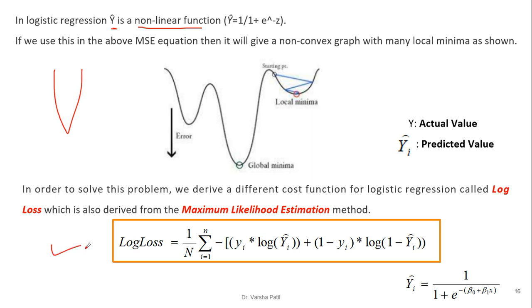That function, with total number of records n, is 1 by n, summation i equal to 1 to n, of minus yi into log of y hat, where yi is actual and y hat is predicted, plus 1 minus yi into log of 1 minus y hat. This function is used as the loss function for the gradient descent derivation.